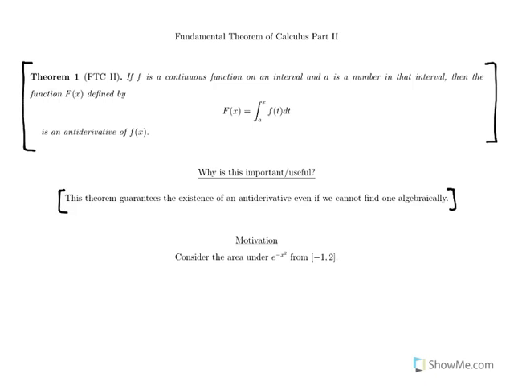So here's the motivation. Consider the area under e to the negative x squared from negative 1 to 2. E to the negative x squared is a pretty simple looking function. It looks something like this. This is actually the shape of a bell curve, if you know what that is, or at least it's that function translated a little bit.